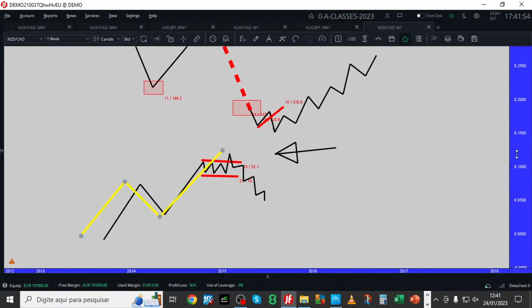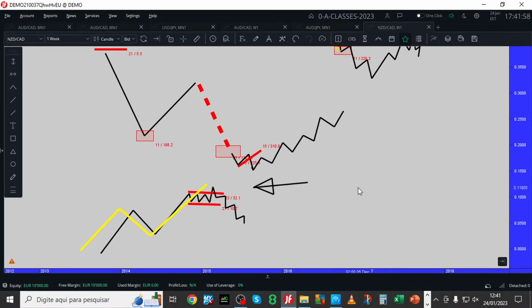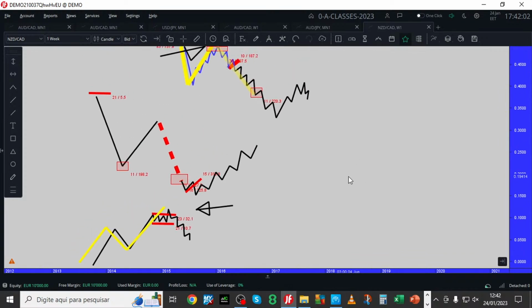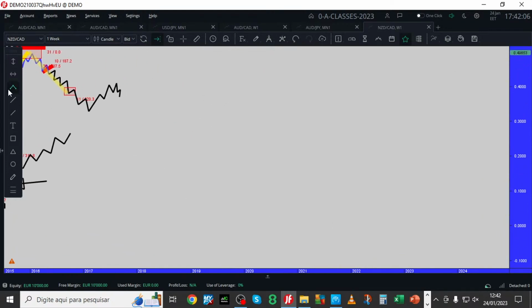I have a great question on another streaming platform. Boss, the stop loss logic works the same on the short-term trends? Absolutely yes. Doesn't need to be a market wave. You have a short-term trend on the 1 hour chart, 2 hour chart, whatever, everybody. Make sense? And you see something like this on the short-term trend. You are going to enter here.